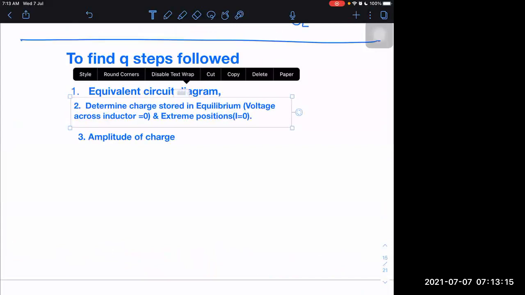Okay. So at the extreme position we know the voltage across the inductor is 0.